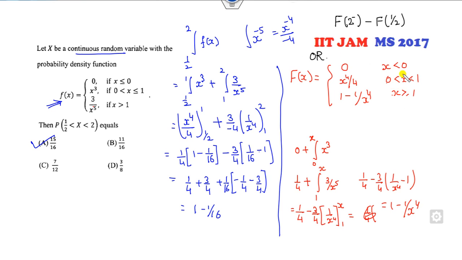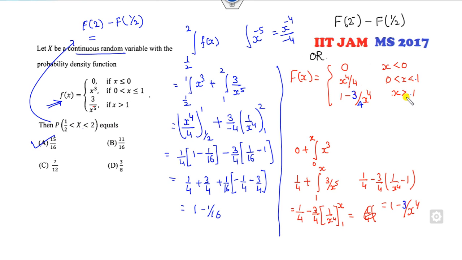Now, is it continuous? Yes, it is. At the breaking point it is the same value, so it's continuous. So I can write this value as f of 2 minus f of half.